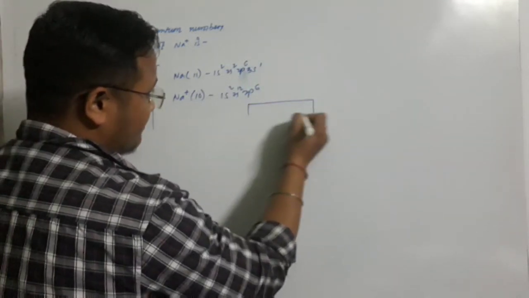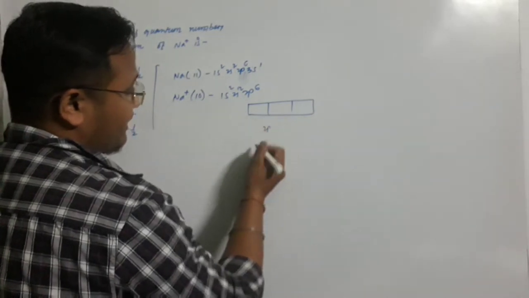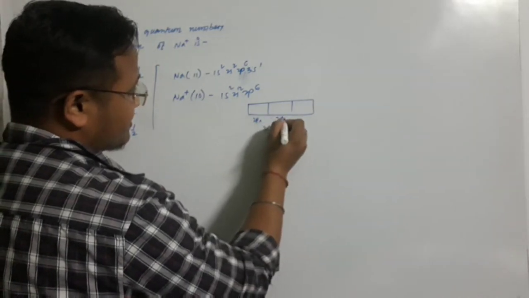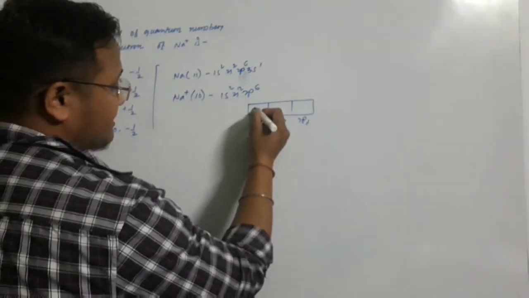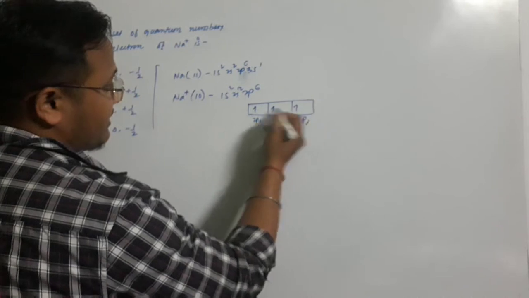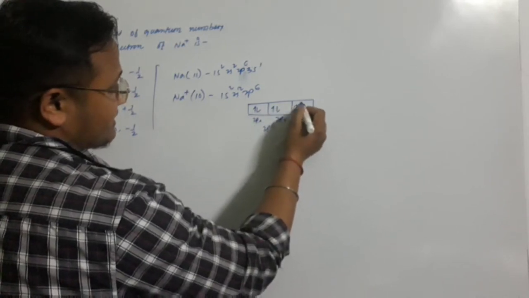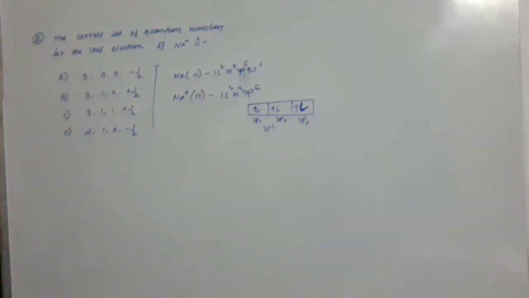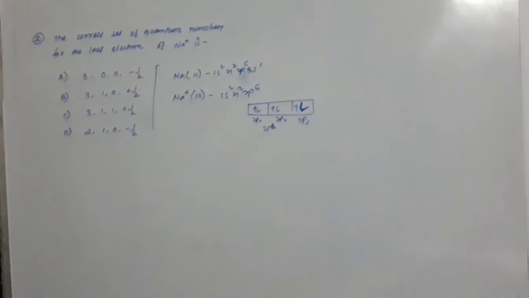If we talk about this orbital 2p, it is 2px, this is 2py and 2pz. 6 electrons are here. If you distribute the electrons 1, 2, 3, 4, 5, 6, that means this is the last electron which is entering the p orbital of the sodium positive ion.